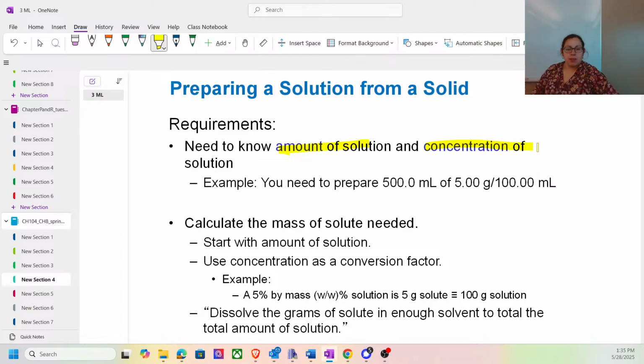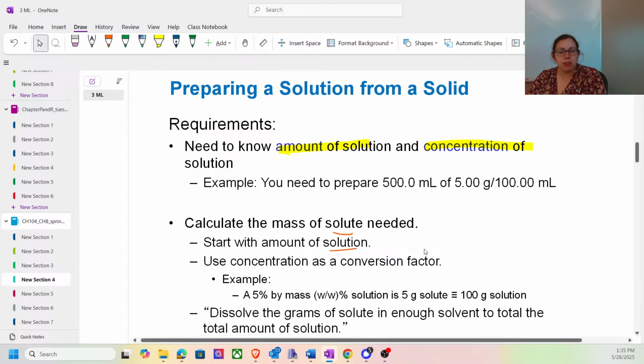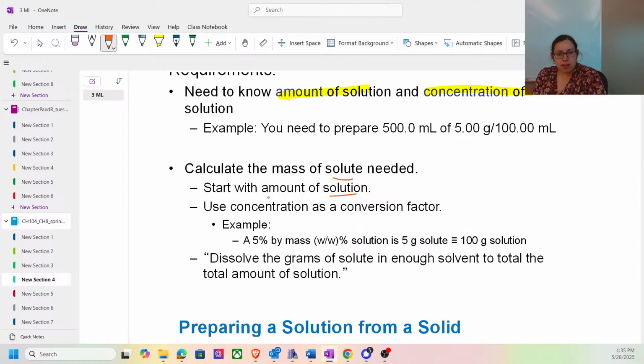We'll have to figure out, generally based upon the volume, the mass of the solute we need, based off of the anticipated volume of solution, and then using whatever unit we're given. So this one is a weight per weight, like a gram per gram, so by mass.